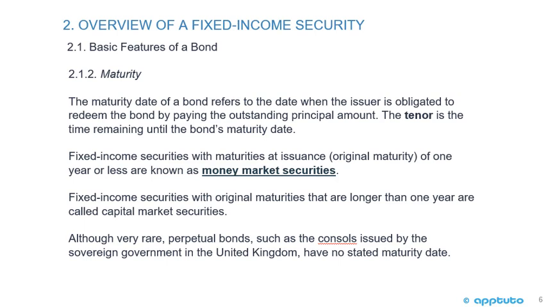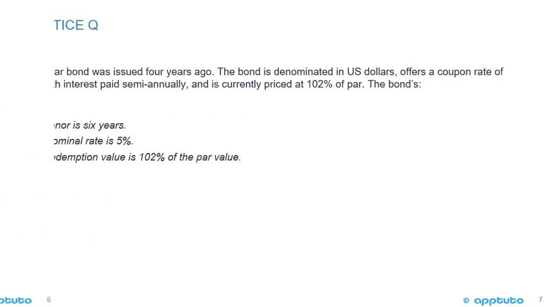That's one of the small factoids that sometimes comes up in practice questions. What is a consol? A consol is a bond issued by the UK sovereign government, and it has no stated maturity date.